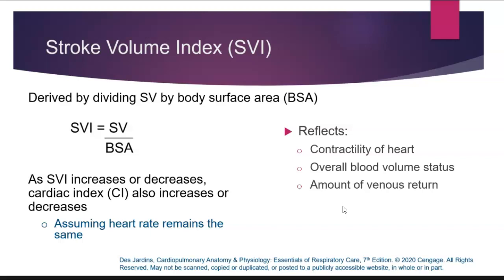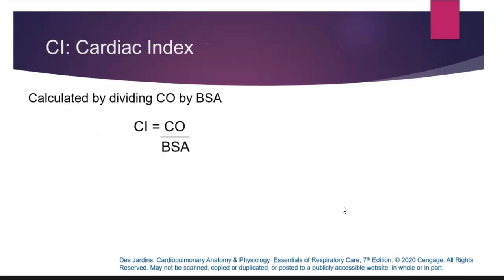Depending on the size of person you are, what might be a normal stroke volume for me, who's short, is not going to be enough for Shaquille O'Neal, right? So that index is going to increase or decrease the same as stroke volume does, and it's going to be affected by the overall blood volume status, the amount of venous return coming back to the heart, and how well the heart is pumping.